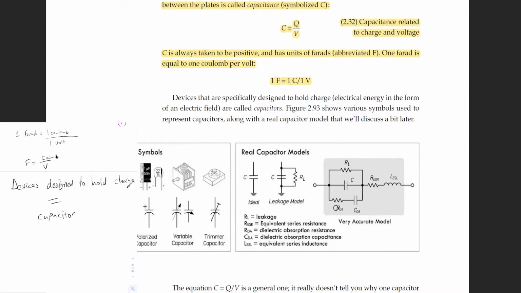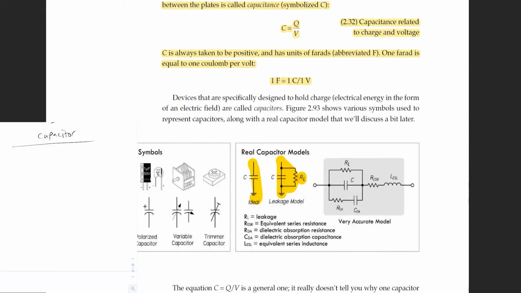Why is there an inductor there? There's a resistor, a capacitor here, a resistor, and another capacitor, and that's a real capacitor model. Okay, I get the ideal. Oh, leakage. Okay, yeah. So for example, this RL is going to be a very high resistor value, and these are the symbols for it.